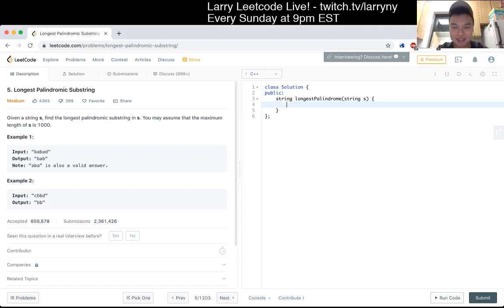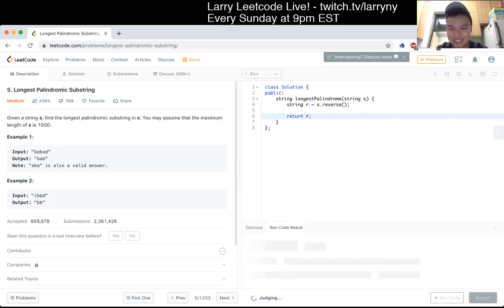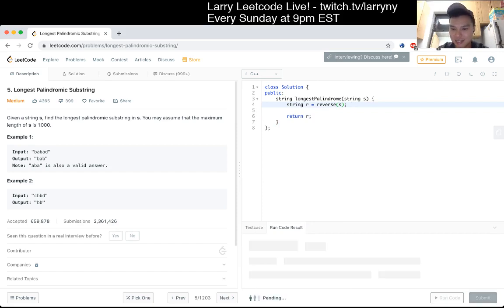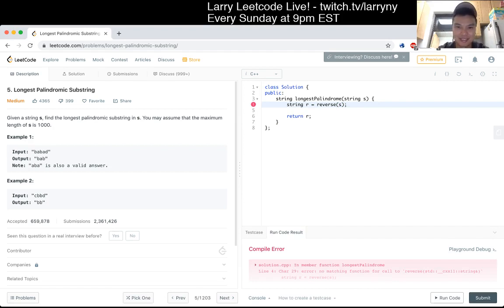I'm just going to do what I said with the substring reverse thing. Is that a function? I know that's not the answer. I forget. Okay. Something like that. I'm Googling again.